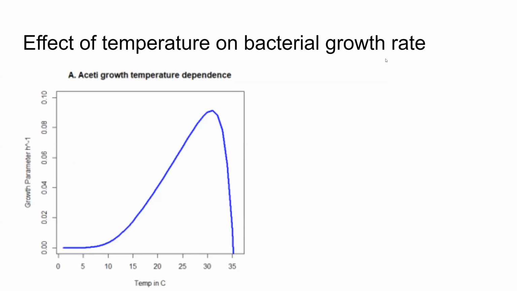Now, we'll look at the conditions for growth. We know that temperature itself can affect the growth rate of bacteria. Every organism has adaptations for different environments. We know that already. If we look at this bacteria here, it has a specific temperature at which it works.